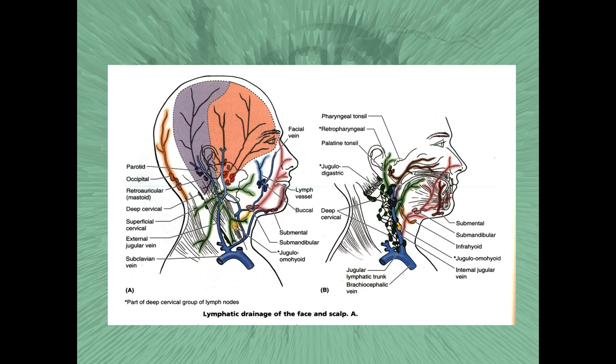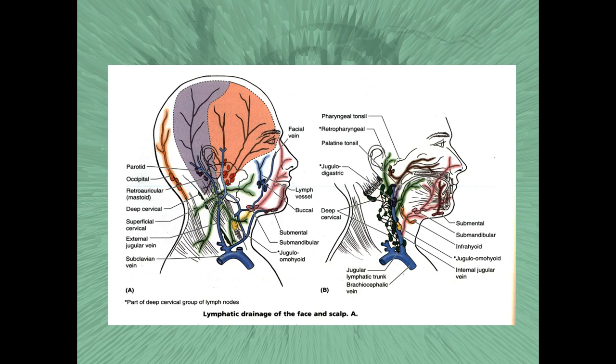These lymphatic nodes are subdivided first into the superficial and deep lymphatic nodes of the neck. Then the deep lymphatic nodes of the neck are also subdivided into the superior deep cervical lymphatic nodes and the inferior deep cervical lymphatic nodes.